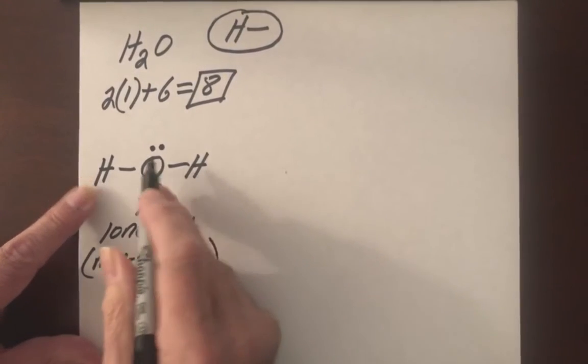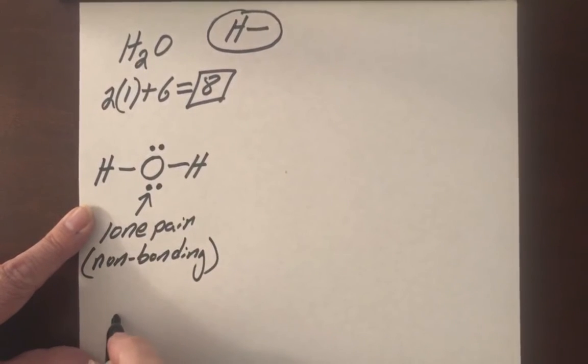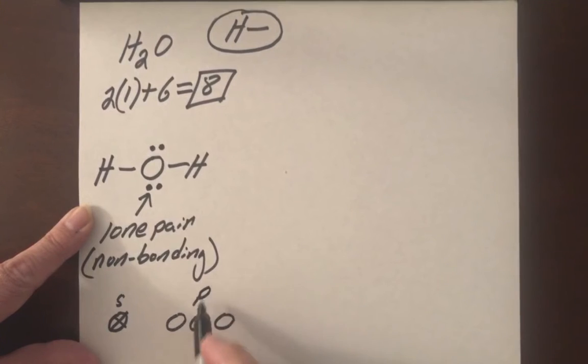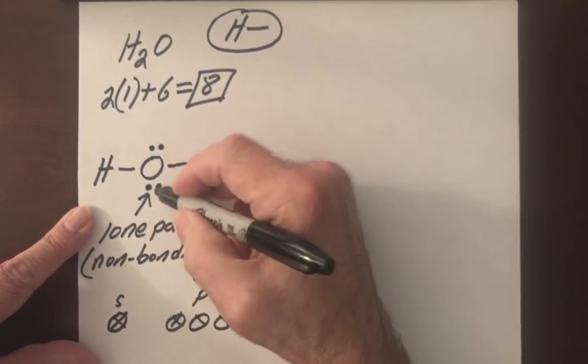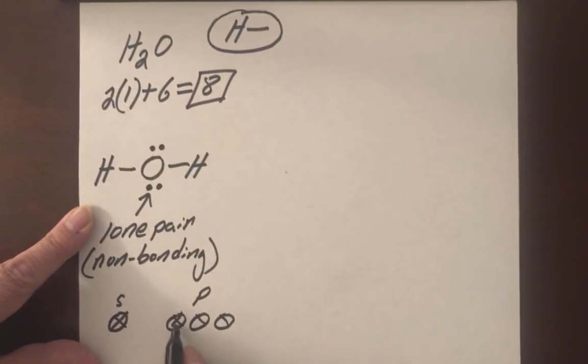Now remember, if we were to look at the orbital diagram for the valence electrons for oxygen, we would see that the s would be full, and in the p you would have 2 filled orbitals and 2 half-filled orbitals. So here we have our 2 filled orbitals, the 2 electrons, and the 2 half-filled here.